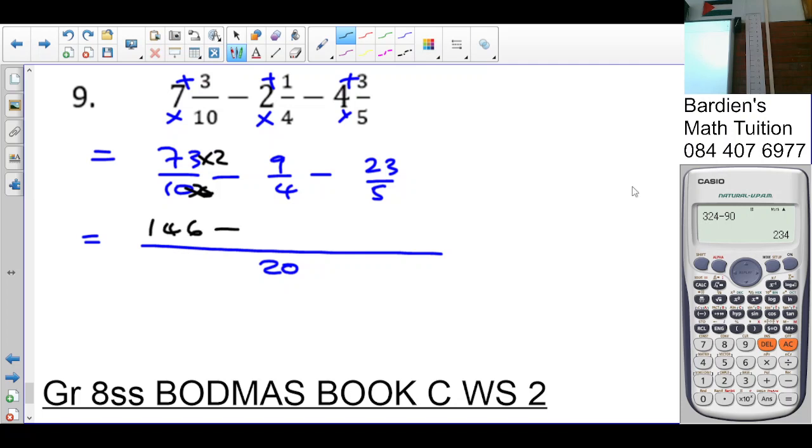Correct? Minus times by 5. 9 times 5? 45. Minus times by 4. That is 92. Not so? So now 146 minus 45 is 101. Minus 92. 9. Are you sure? Yes.